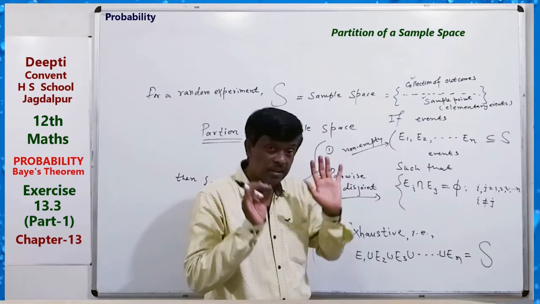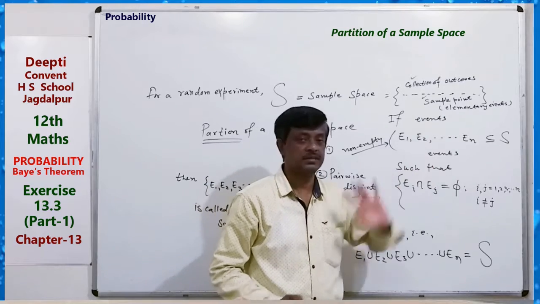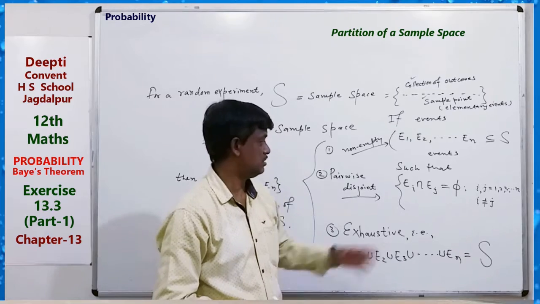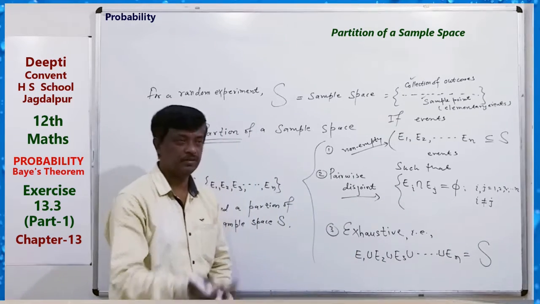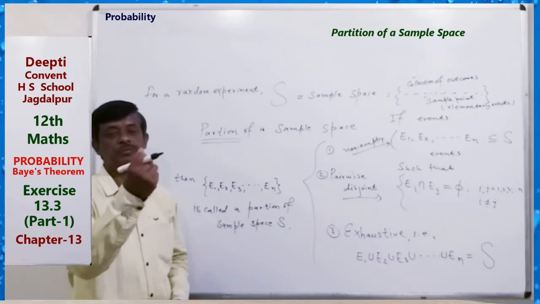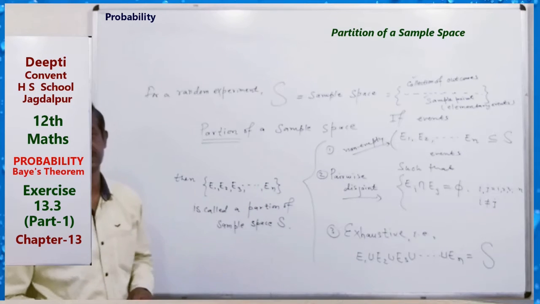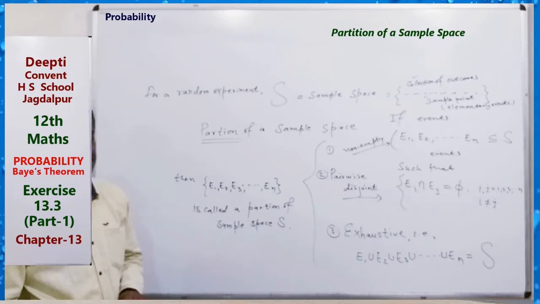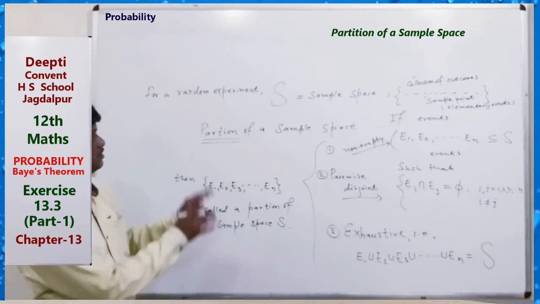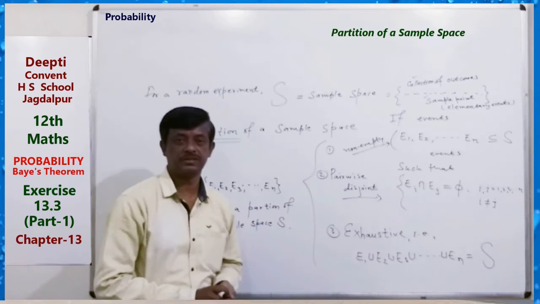So if n events like this are subsets of S, such that they are pairwise disjoint and exhaustive, then we say that these events constitute a partition of the sample space. Clear? Exhaustive also. So this is the partition of the sample space.